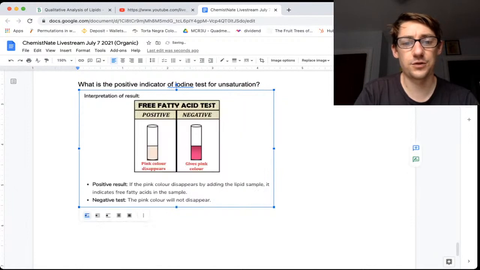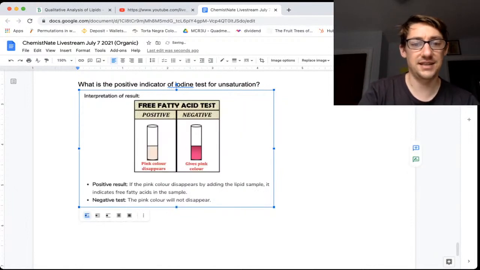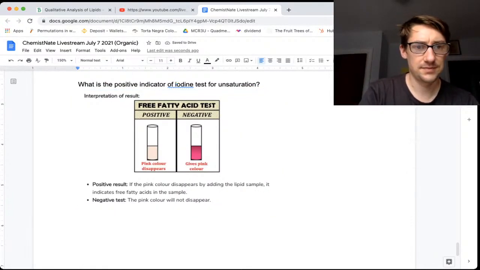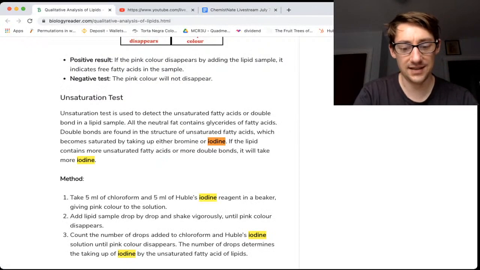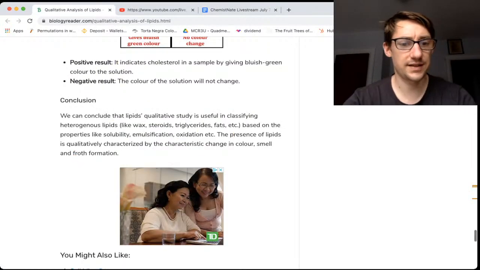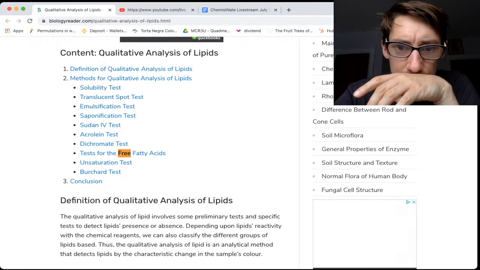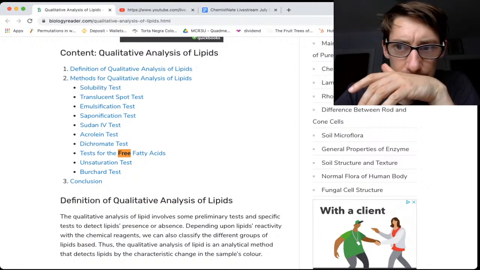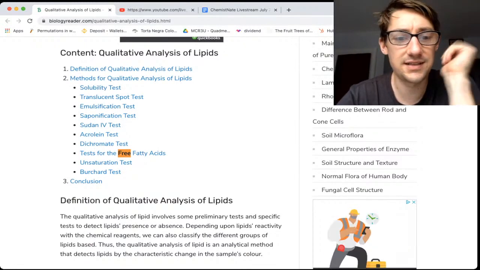Now, what does free fatty acid mean in this example? Is that their way of saying unsaturated? Or does it just mean they're not bonded together?